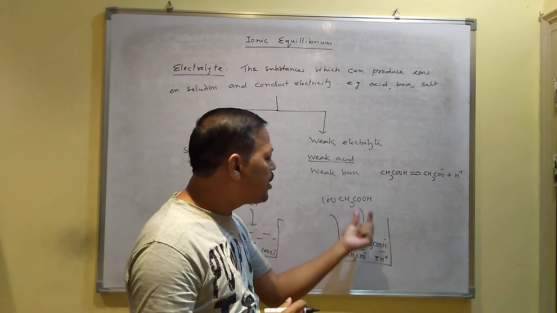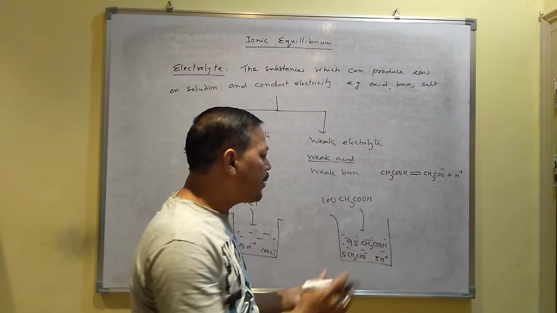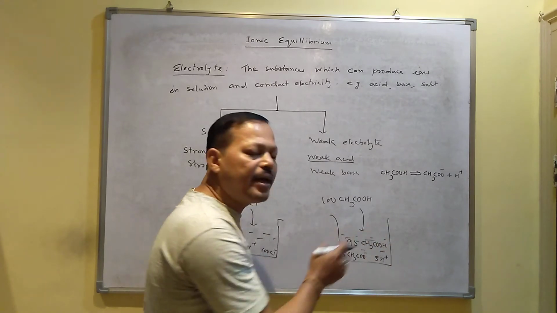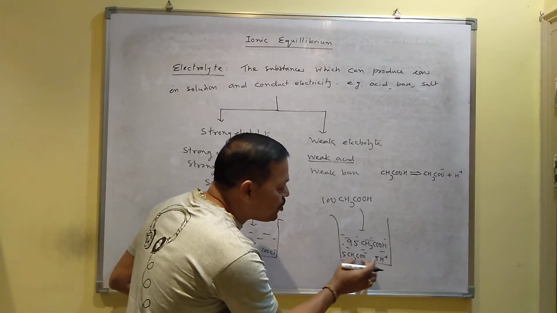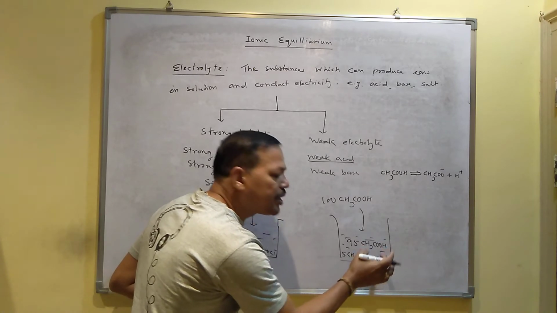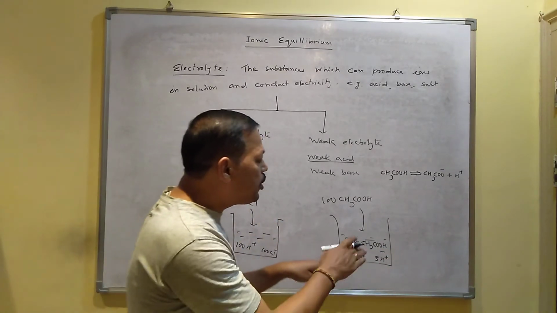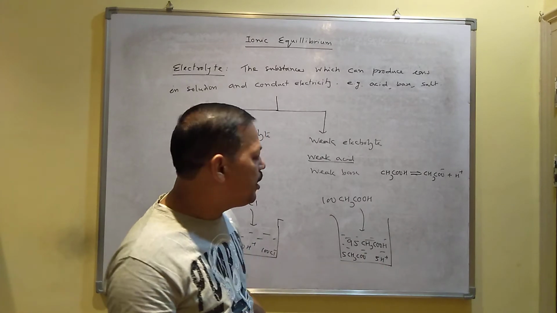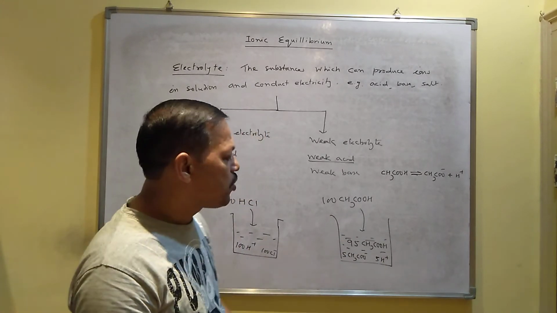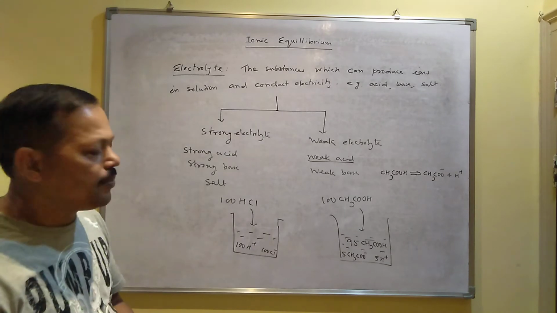A little part of the molecules undergo ionization and the maximum of the molecules remain undissociated. So since the solution contains dissociated ions and some undissociated molecules also, an equilibrium is attained between the ions and the undissociated molecules, and this equilibrium is called ionic equilibrium.